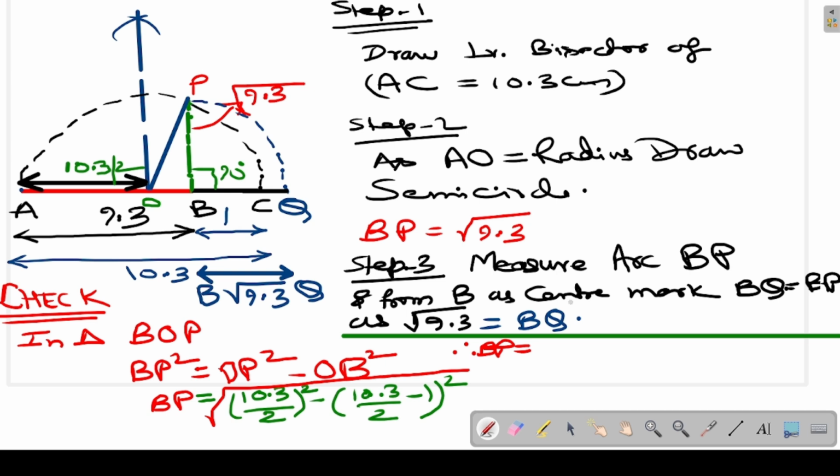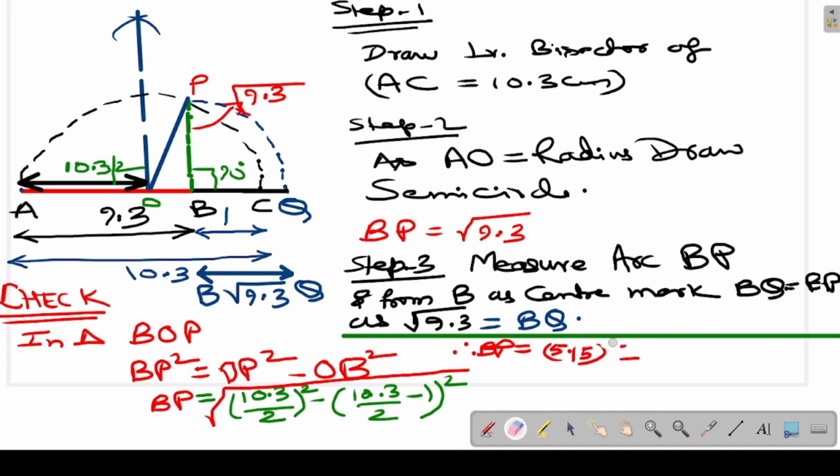So the length of BP is 10.3 by 2, we can write it as 5.15 whole square minus 5.15 minus 1 whole square, that is 4.15 whole square. So BP will be root over 5.15 whole square minus 4.15 whole square, right?